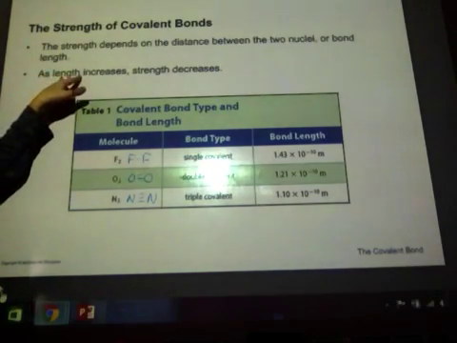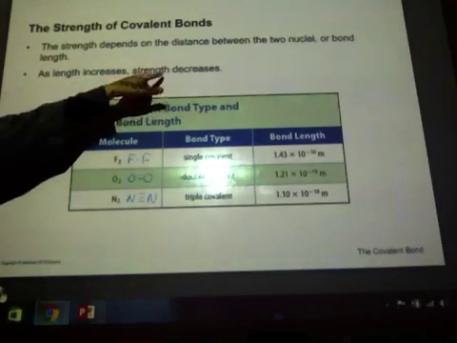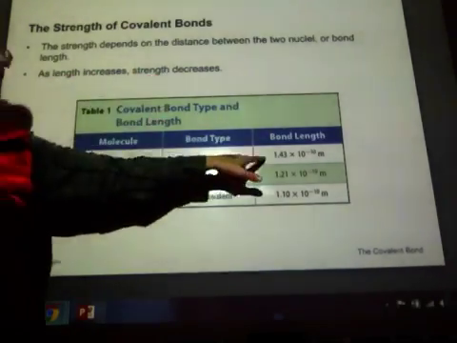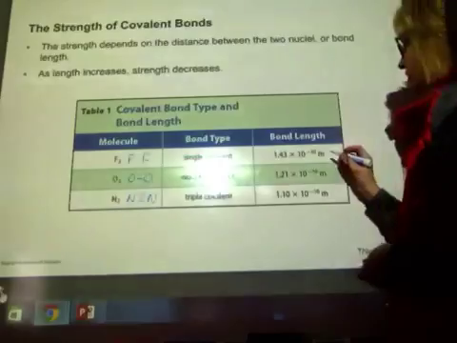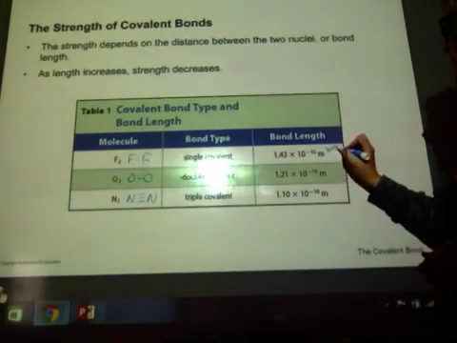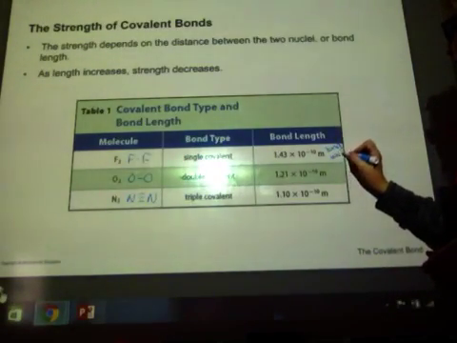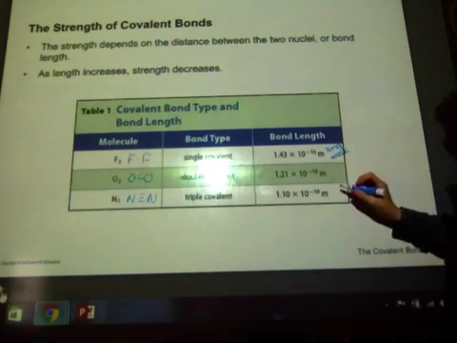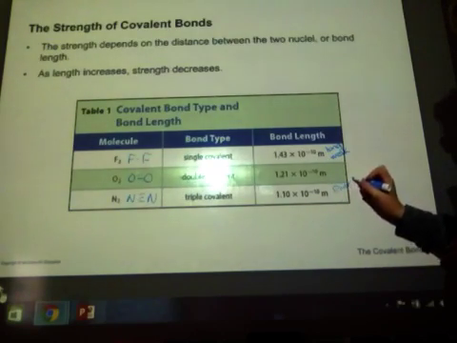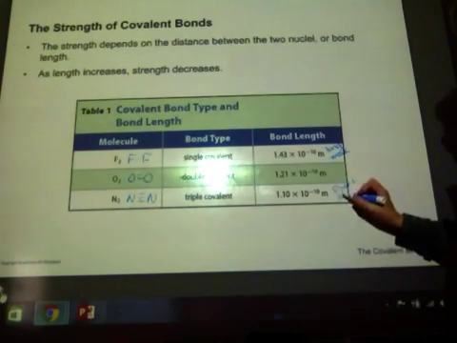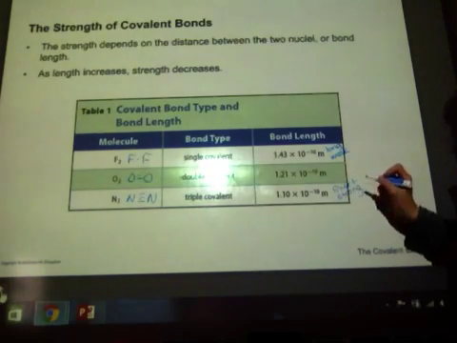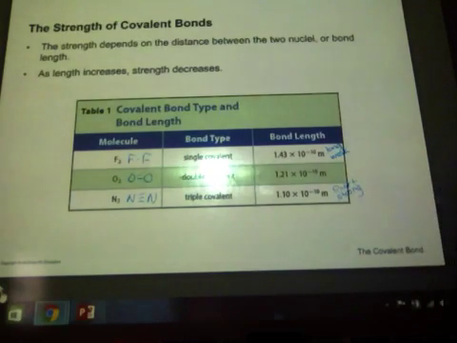So when the length gets bigger, the strength goes down. So this has the longest length, and it has the weakest bond. This has the shortest length, so therefore it's going to have the strongest bond. It's going to pull things closer together.